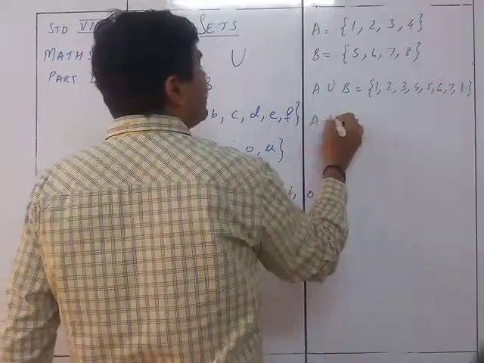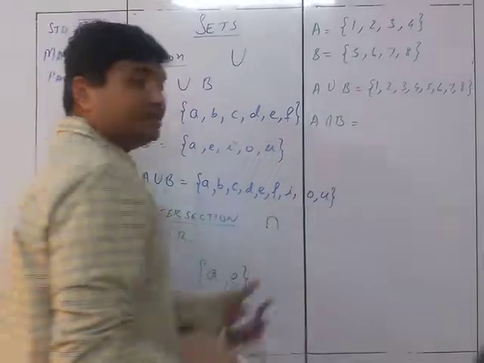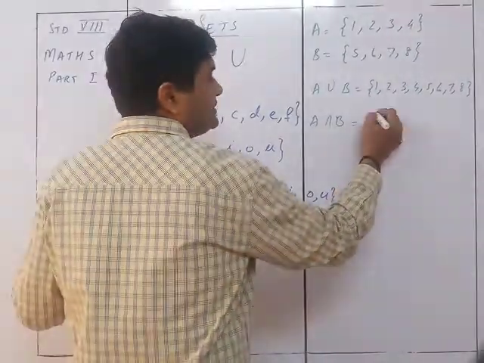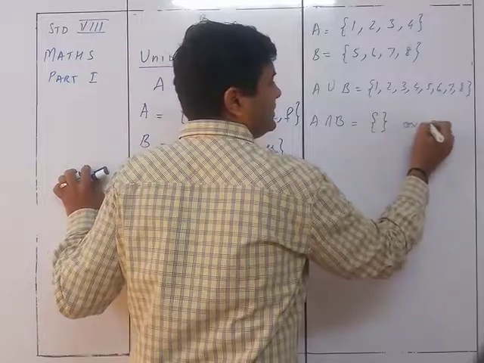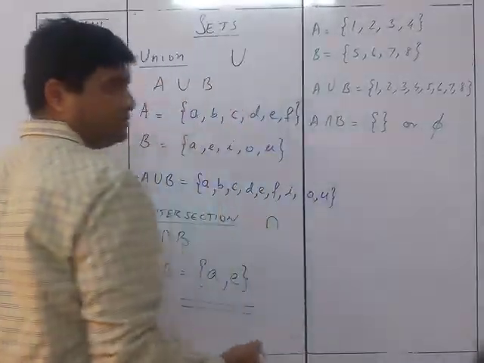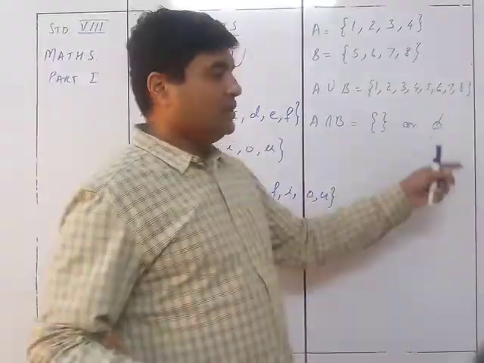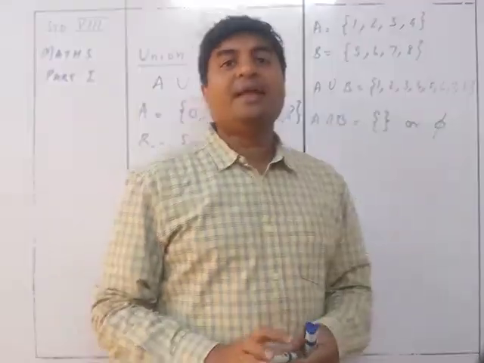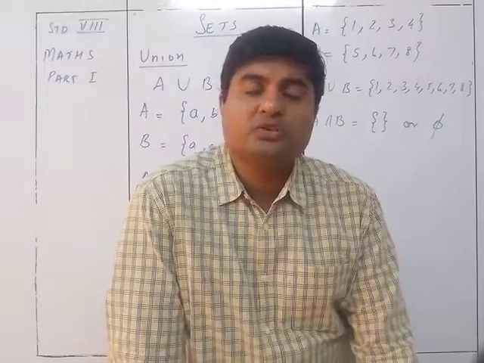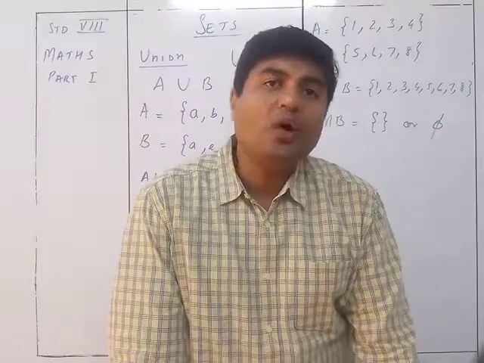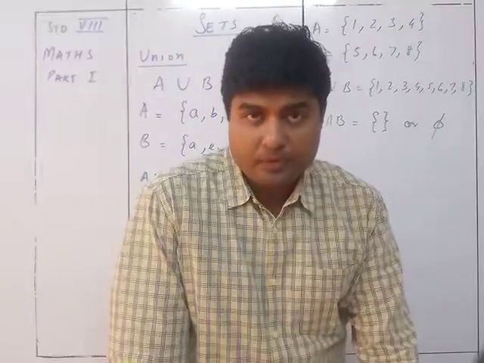But A intersection B over here is nothing, which is written as a null set, either this way or as a zero with a slash over it. This is the symbol for the null set. So the null set is the one which has no elements in it.